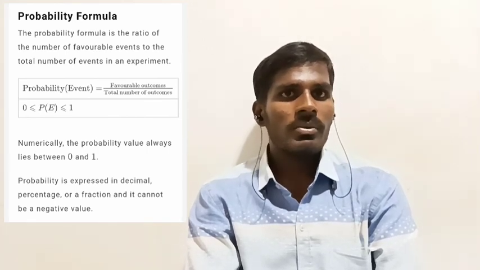We can give many examples of probability.